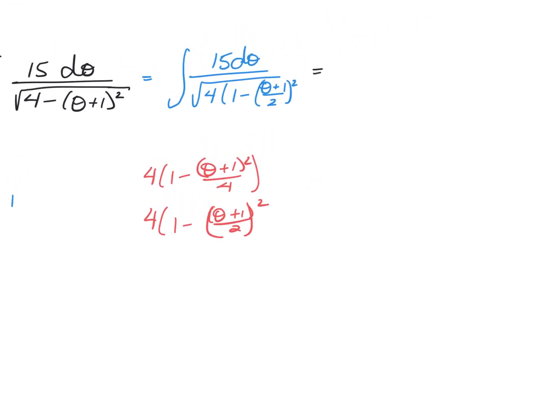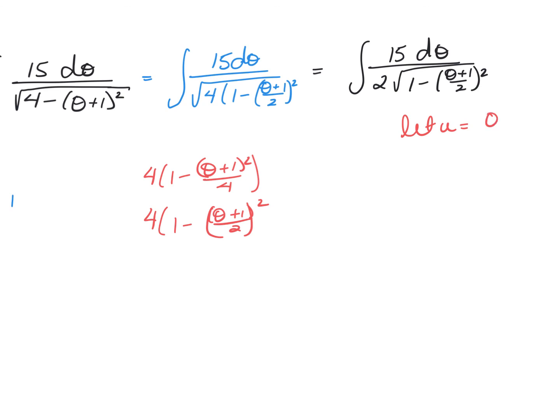All right. So then this becomes the integration of 15 d theta. I have the square root of 4, which is 2, times the square root of 1 minus theta plus 1 divided by 2, the quantity squared. Let u equal theta plus 1 divided by 2.